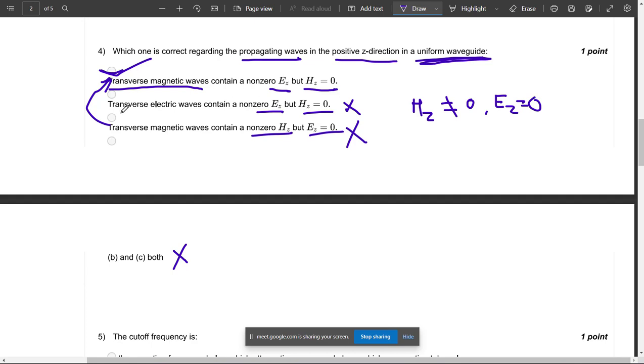About transverse electric wave, if this is the statement, will the statement become correct?